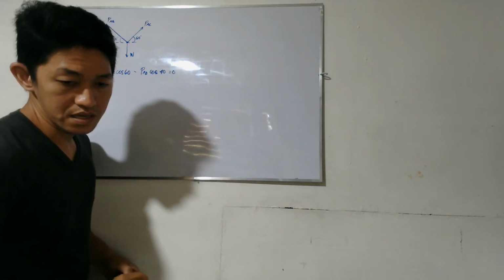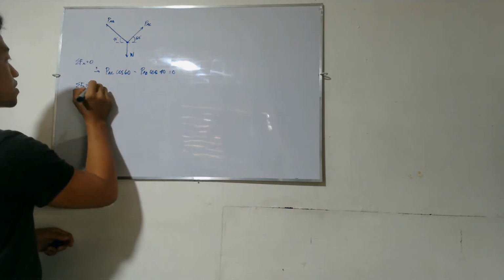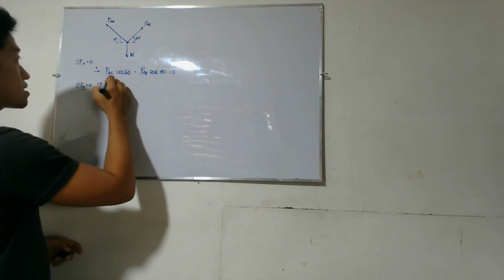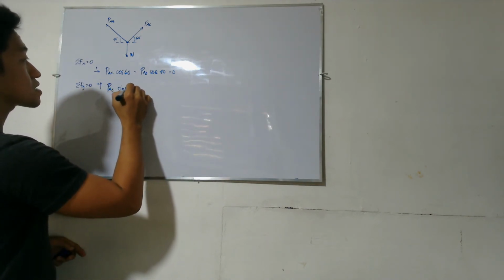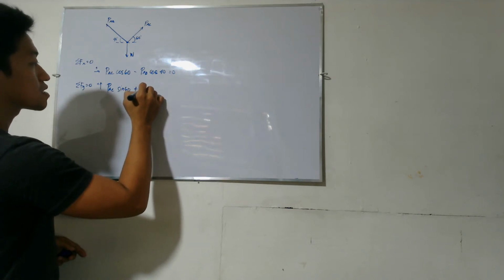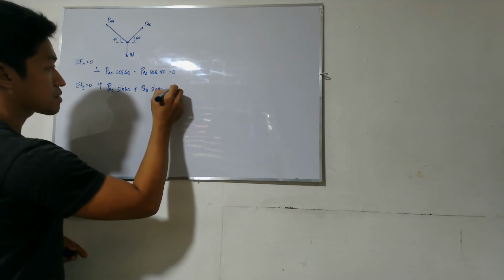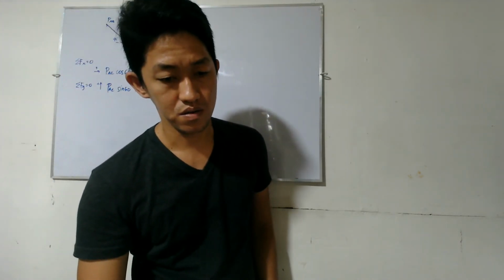Okay, and along the y-axis you have PAC sine 60 plus PAB sine 40 minus weight is equal to 0.